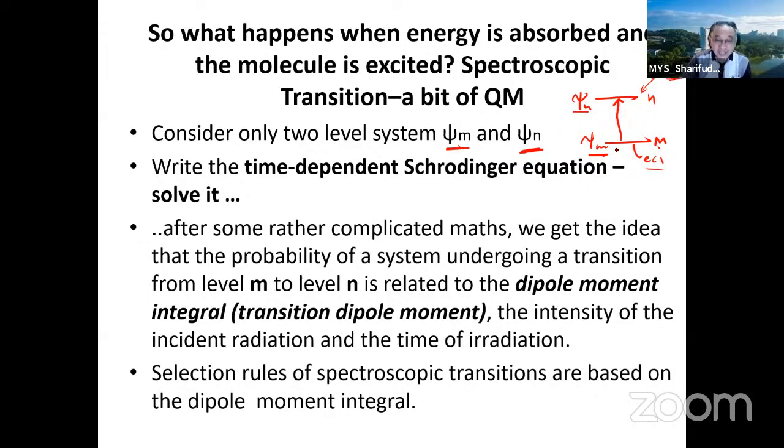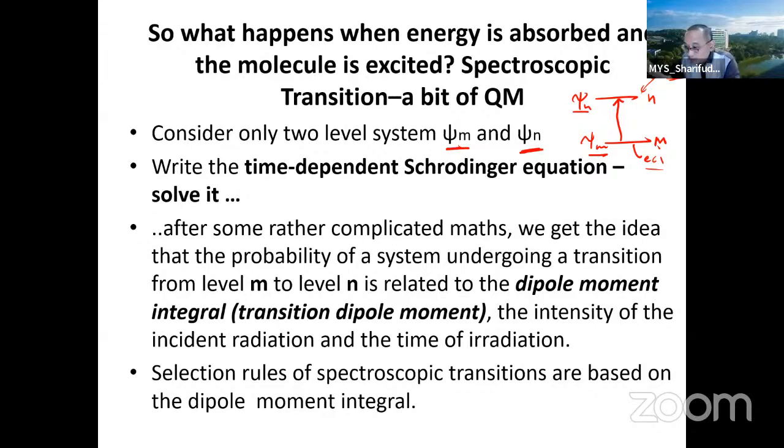This transition can be best explained if we use the time-dependent Schrödinger equation and solve it. It's quite complicated. You can open up any advanced spectroscopy book and find this, and in there they derive a long mathematical function.